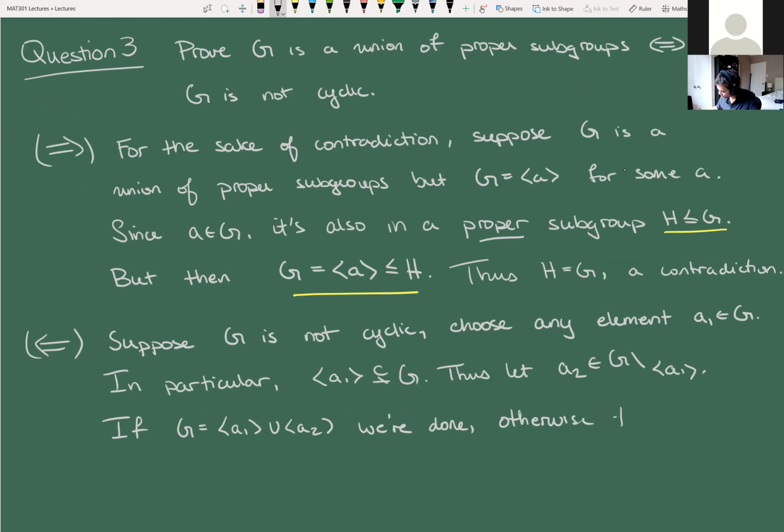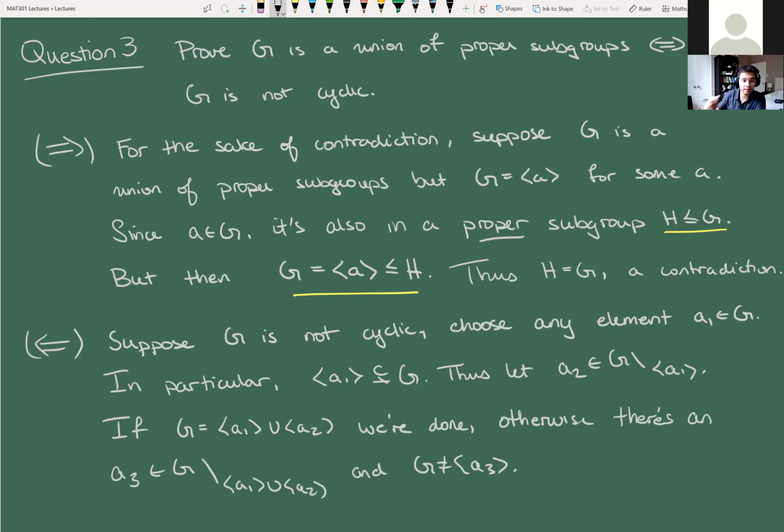Otherwise, there's an A3 in G, not in the union of those of A1 and A2. And you can see the pattern. You just keep doing this, and G is not equal to the subgroup generated by A3.